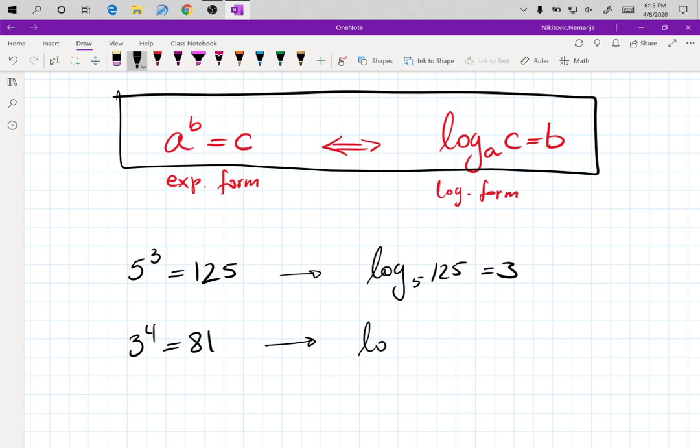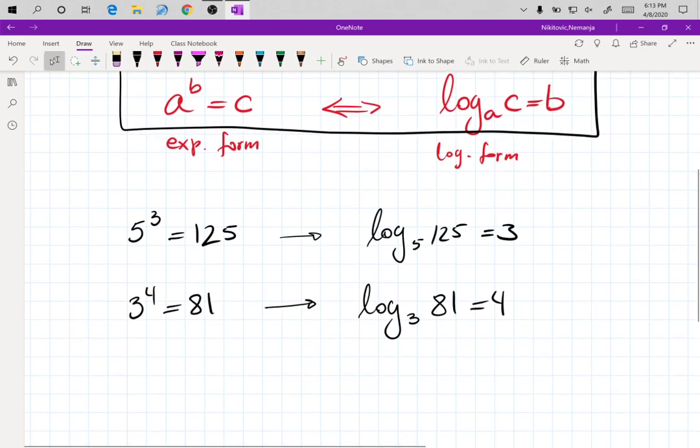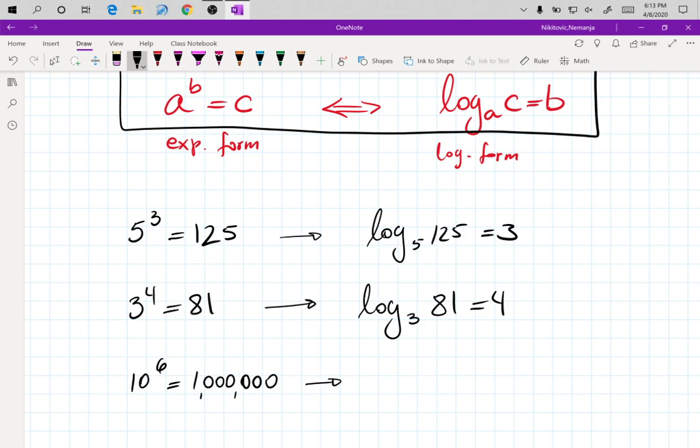That means that log base 3 of 81 is 4. Ten to the 6th power is 1,000,000. That means that log base 10 of 1,000,000 is 6.